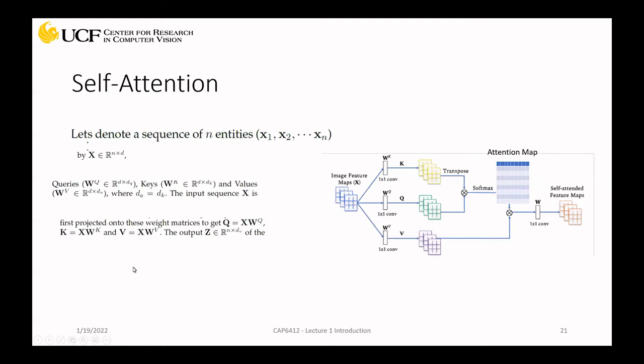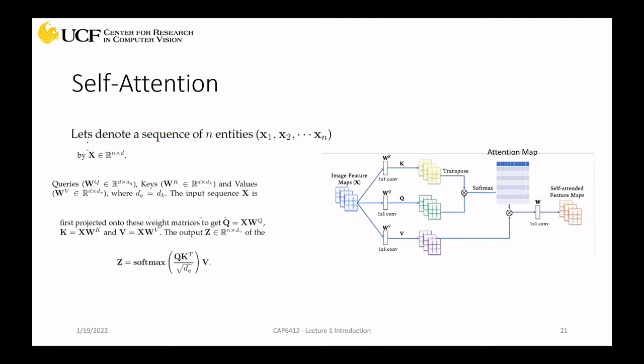Once we have these 3, we compute Z. We take the Q from here and K from here, transpose it, and multiply. This gives us the attention, as I explained here. Then we multiply with V. And of course, we do the softmax to normalize. So that is the idea of self-attention in an image, okay?